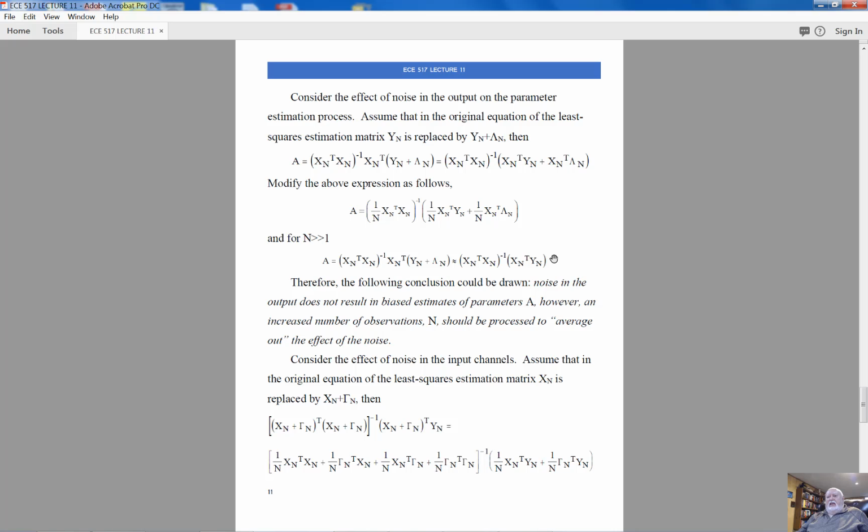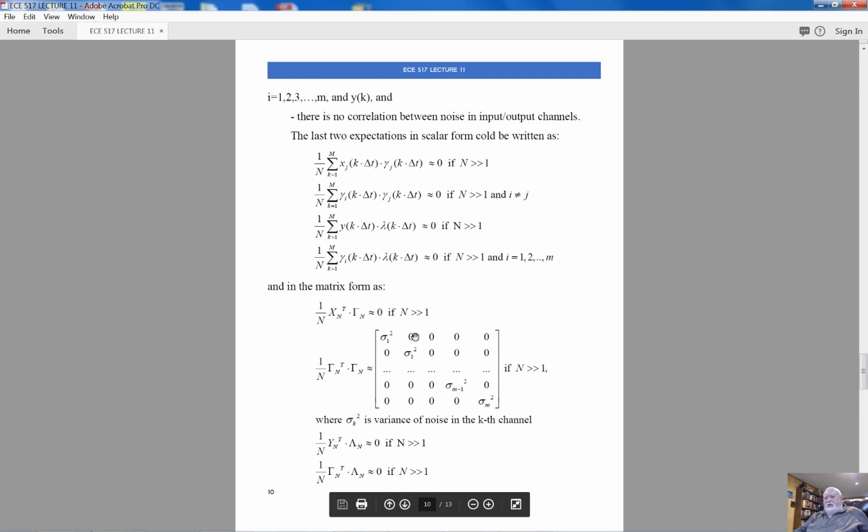Let's assume that n approaches infinity, is very large. What will happen? Coefficients A will not change. They will be exactly the same as they would be without noise in the output. Why? You can take another look at these properties and these properties.